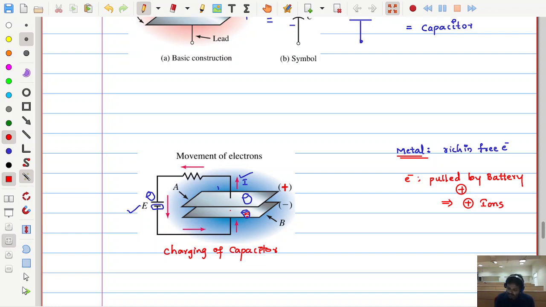In the same way, the battery will try to charge the free electrons on the other side, so the second plate will become negatively charged.